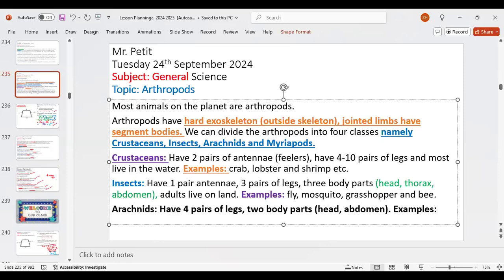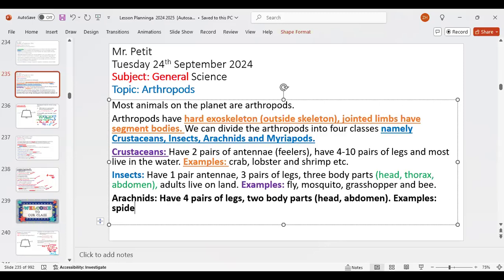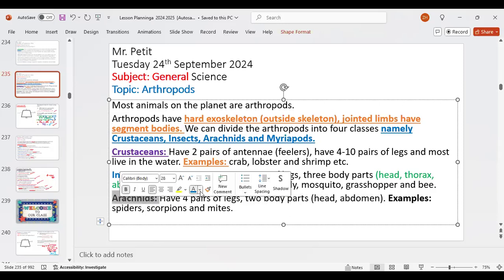Now arachnids are the scary ones because they can kill you. Spiders, scorpions. Anyone love our scorpions? I actually like them. They're fascinating. And mites. All right. I'm more of a spiders person. You like Scorpion from Mortal Kombat, but scorpions in real life, man, I don't know.